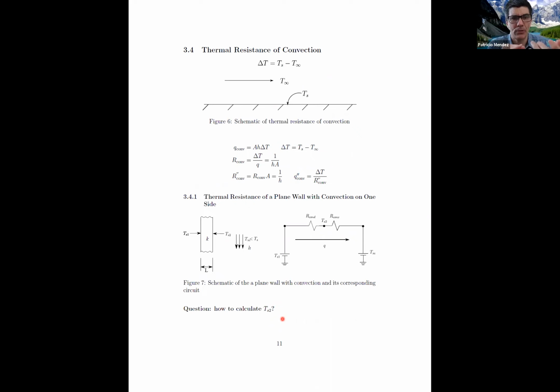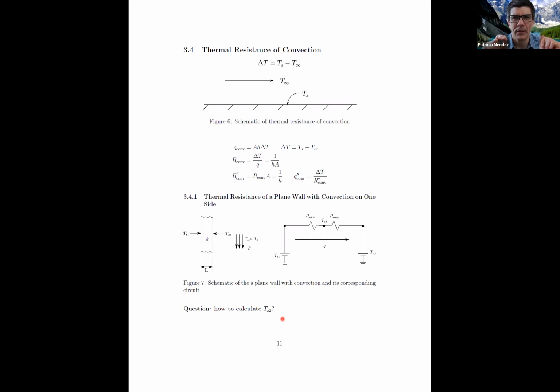Okay. We just talked about thermal resistance of a wall. We talked about how we can combine the resistances to do calculations for a composite wall. We did a calculation for a wall made out of brick and stucco, but I said, okay, let's assume that the indoor temperature is exactly the temperature on the surface of the wall, and the outdoor temperature is exactly the temperature on the outside surface of the outer wall.